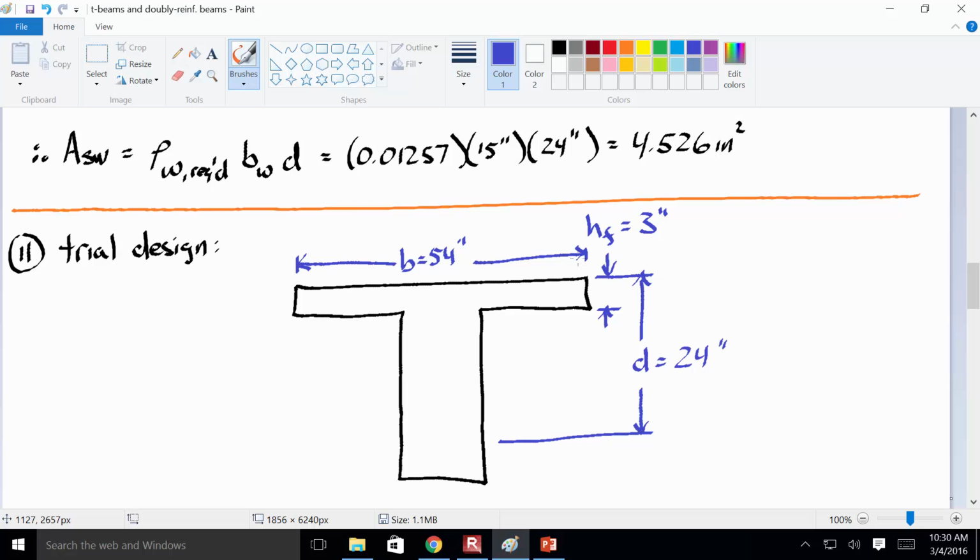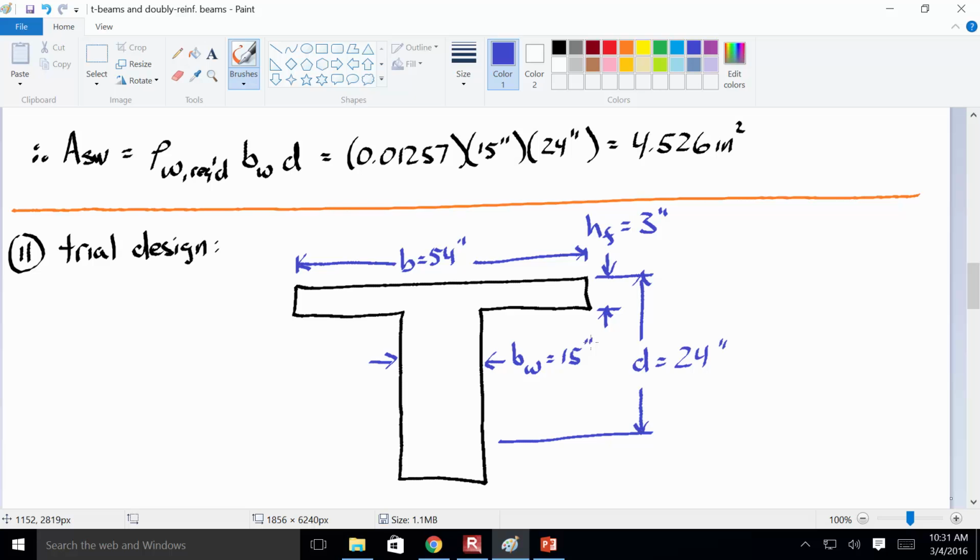BW is 15 inches. Everybody okay with this so far, right?